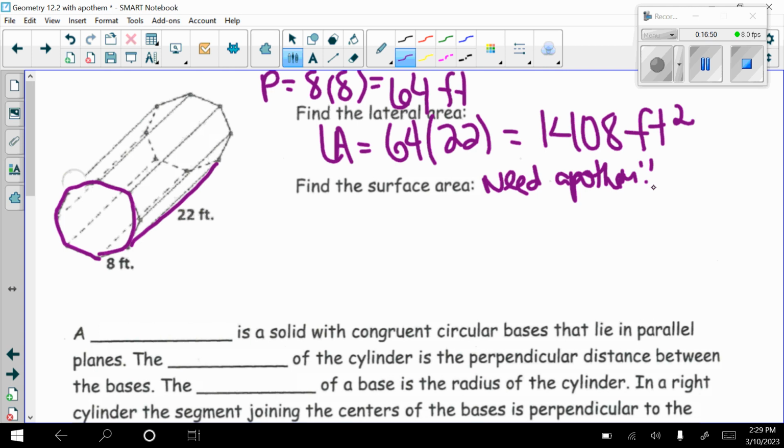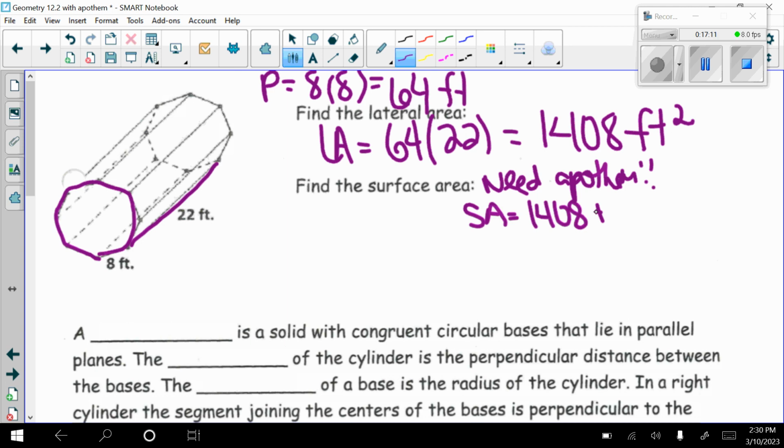Because remember that my surface area is equal to my lateral area, 1,408, plus 2 times the area of my base, okay?